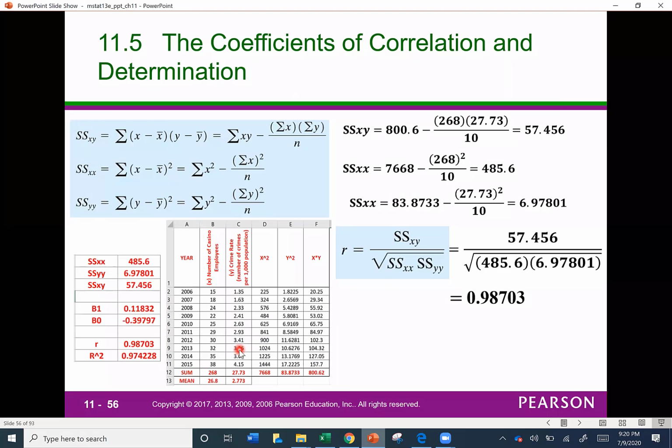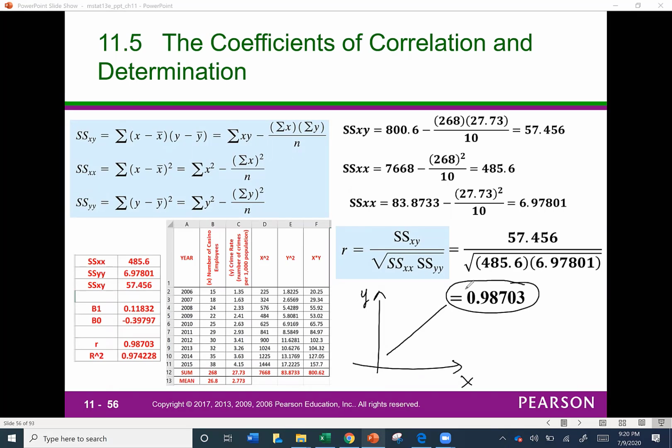Okay, how can you interpret the coefficient of correlation? Because this value is close to 1, that implies that the number of employees of a casino is related positively with the crime rate. Then when X increases, Y increases in this way. That is the meaning of the coefficient, and really it is very, very close to 1. It's a strong correlation.